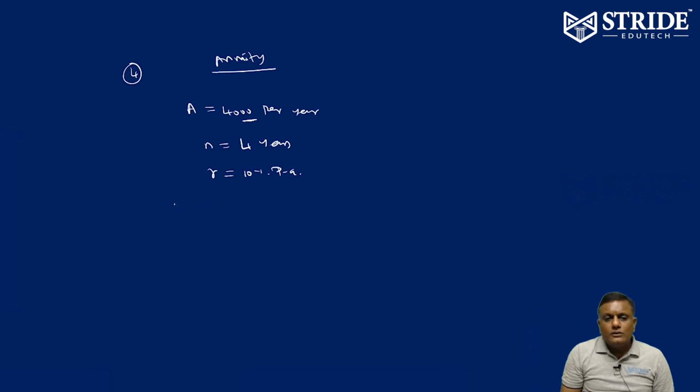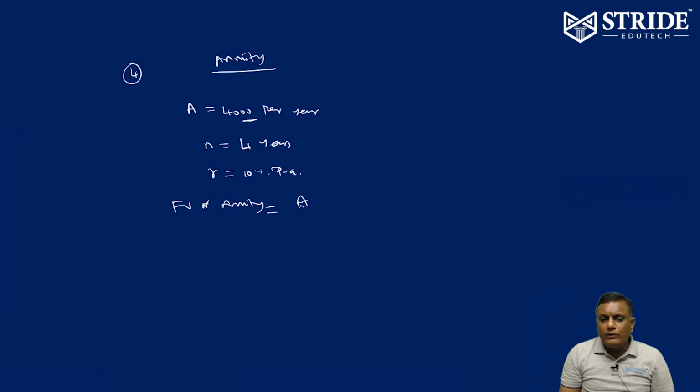Now, what is the future value of annuity? Every year you are depositing for 4 years: first year 4,000, second year 4,000, third year 4,000, fourth year 4,000.